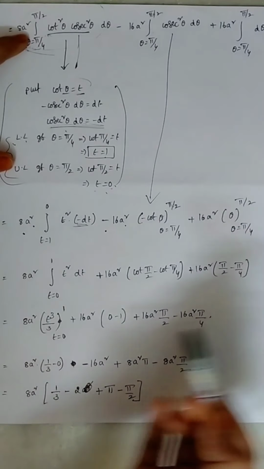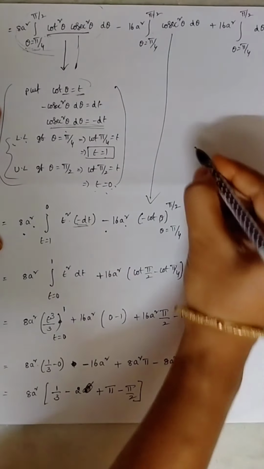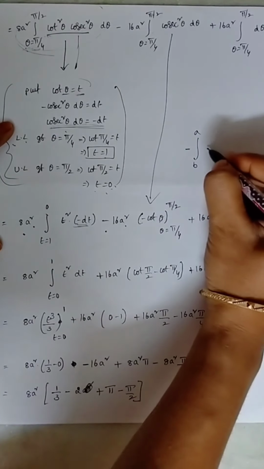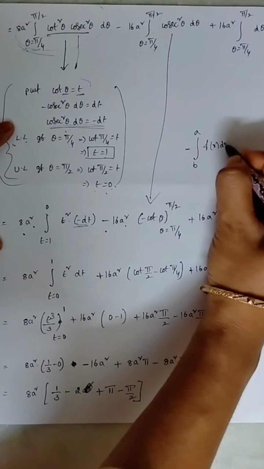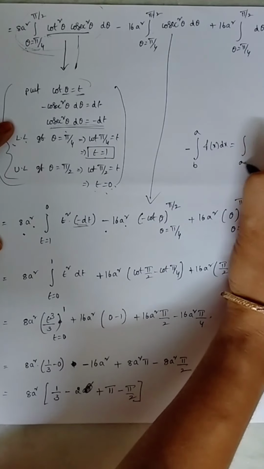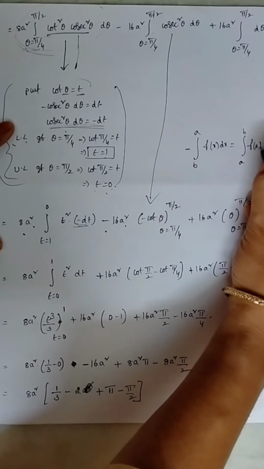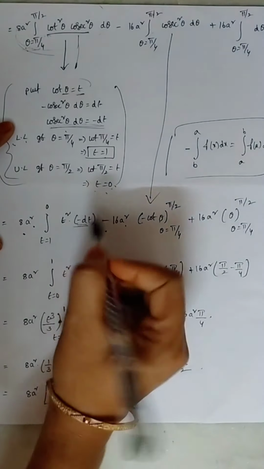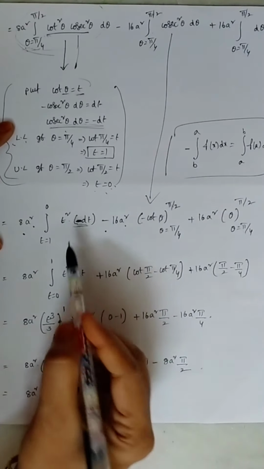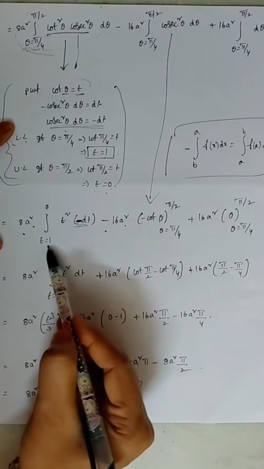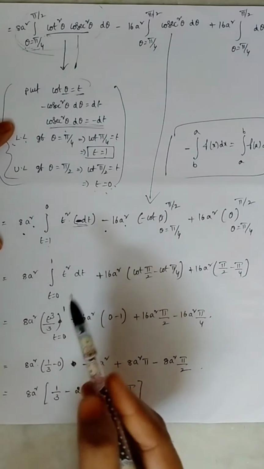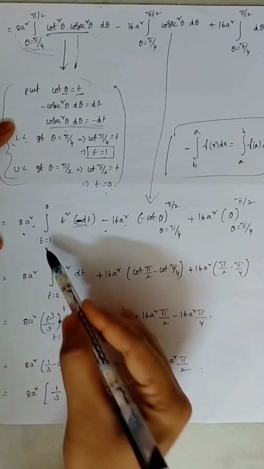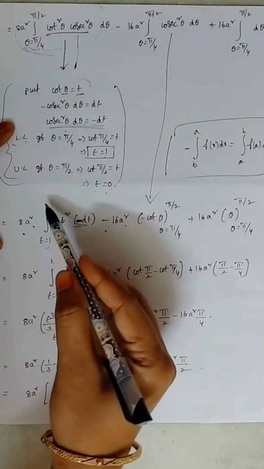Lower limit, upper limit. We know the formula that minus of the integral b to a f of x dx equals the integral a to b f of x dx. So here minus is there. Minus of the integral 1 to 0, we can take as the integral 0 to 1. The limits are changing; the upper limit becomes the lower limit.